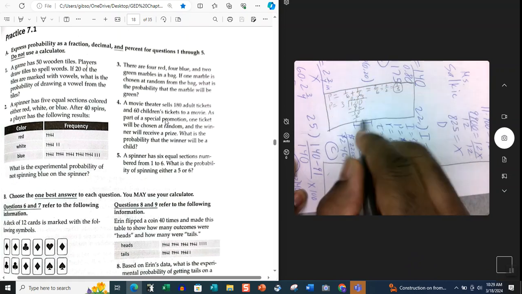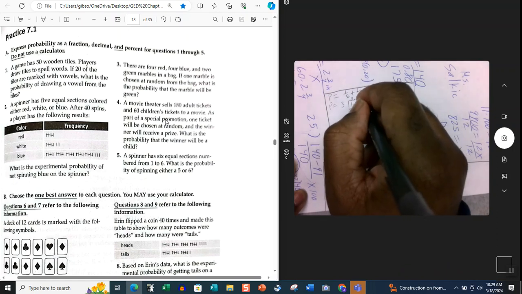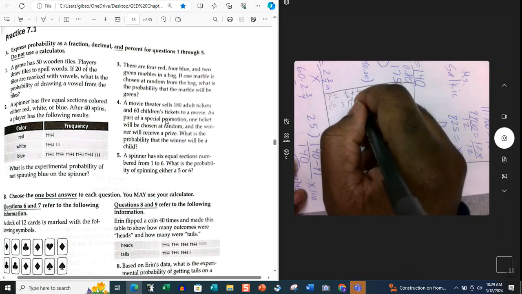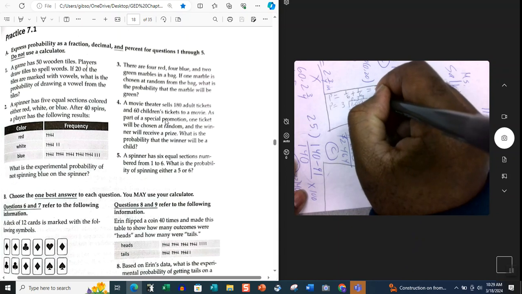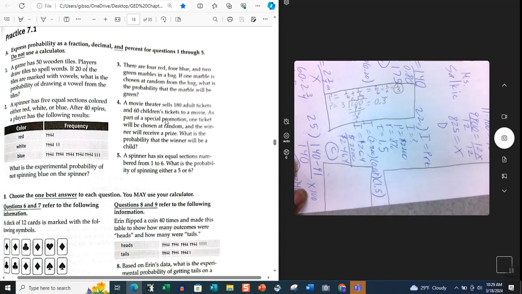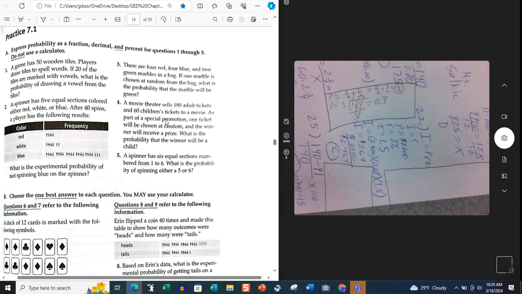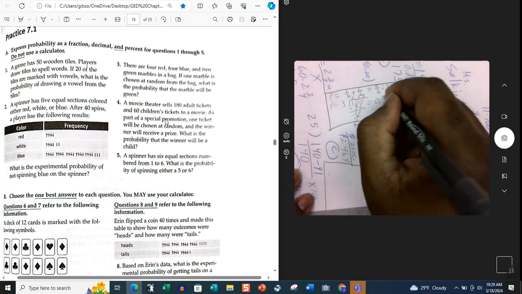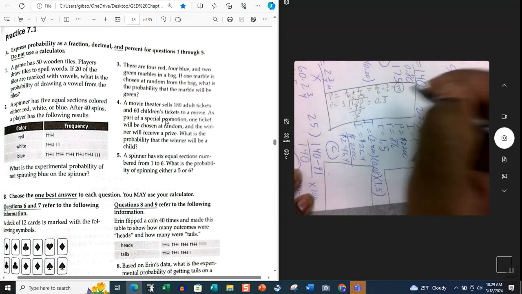Subtract 9, that'll be 1. So we'll keep repeating these 3's. So our decimal here would be 0.3 with the repeating decimal, because they did not ask us to round. So that would be our decimal.